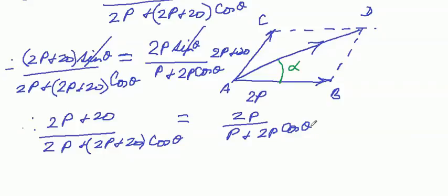Okay, now I think we can cancel 2 here. So this becomes P plus 10, correct? You take 2 common, it becomes 2 into (P plus 10), so 2 will cancel, P plus 10, correct? Now let's cross multiply because we have to solve for P. So we cross multiply these two with these two.